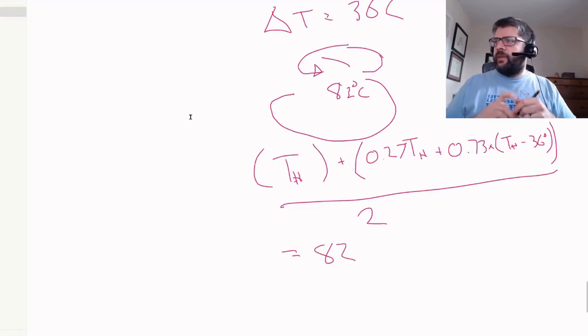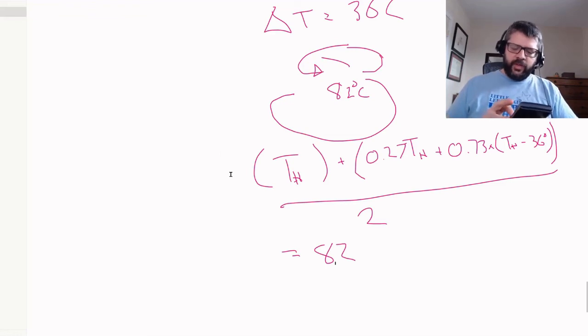So adding stuff together, let's add up the THs first. So we've got 1 TH plus 0.27 TH plus 0.73 TH. That's 2 TH divided by 2.